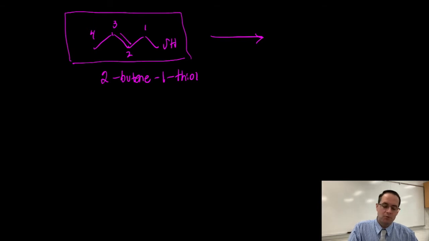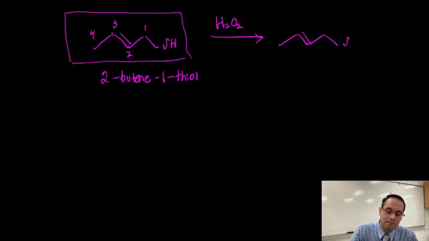Now, one way to remove the odor of this is to make a mixture of water, sodium bicarbonate, and hydrogen peroxide, and spray your car underneath everything you can possibly see. And this will oxidize the thiol to the corresponding sulfonic acid.